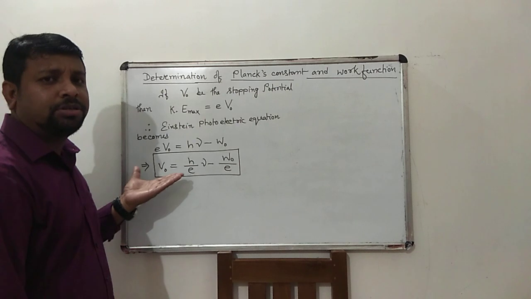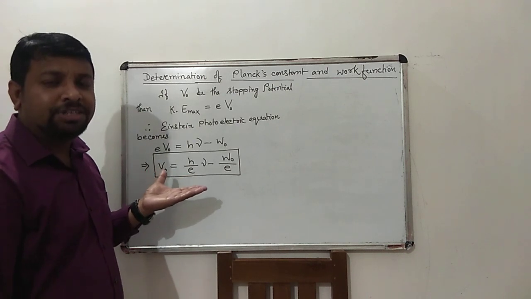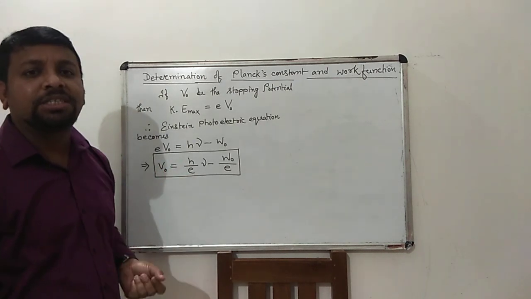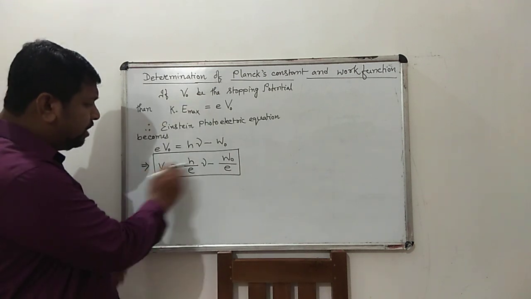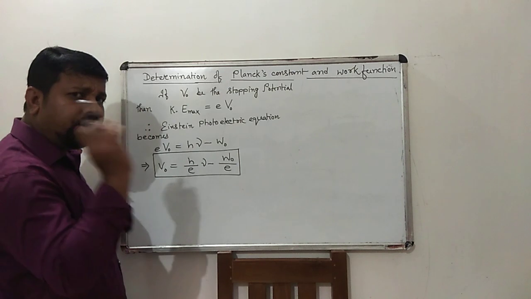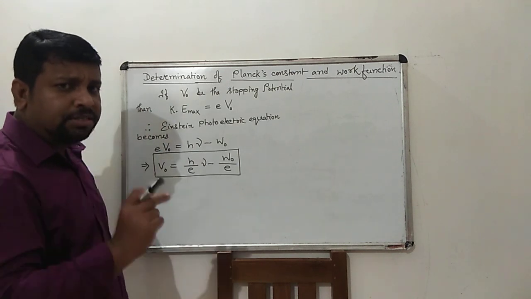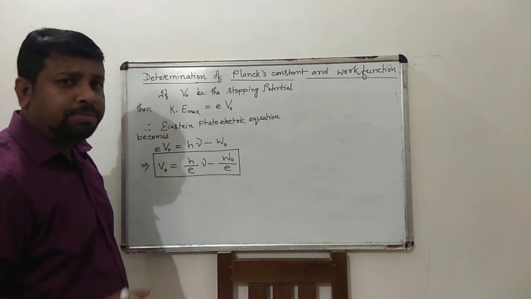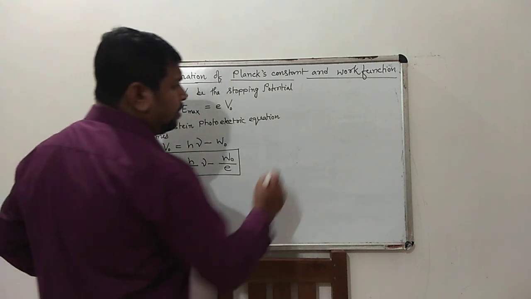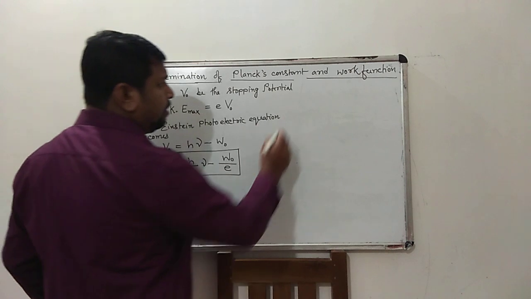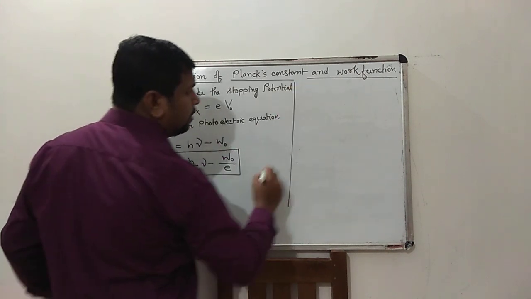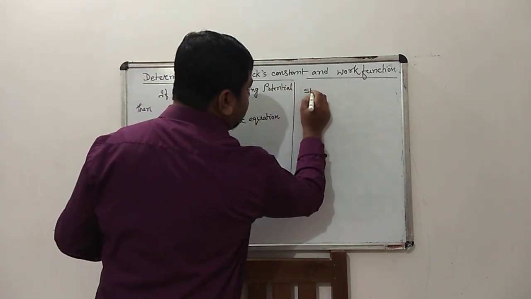It is how you prove the stopping potential increases in a metallic surface with increasing frequency. From this, if you draw a graph like the experimental study, the graph is the stopping potential frequency curve.